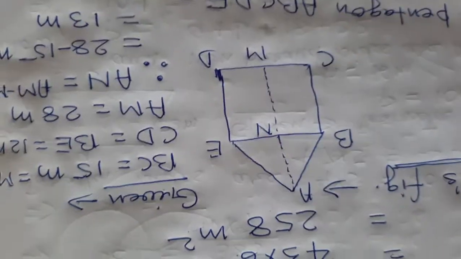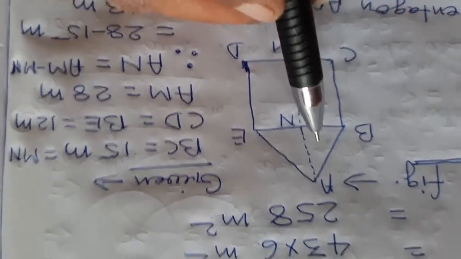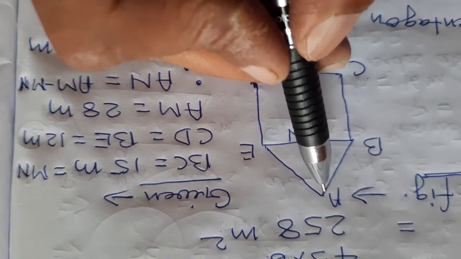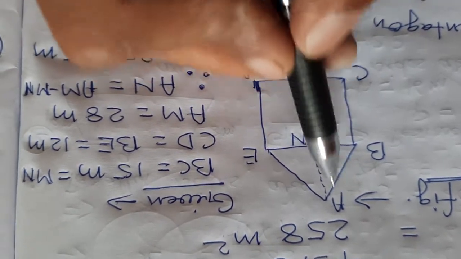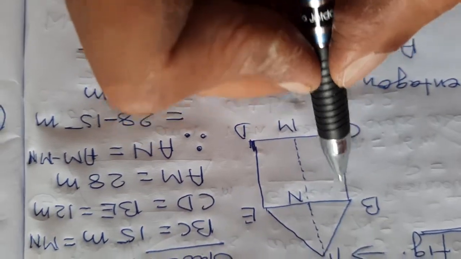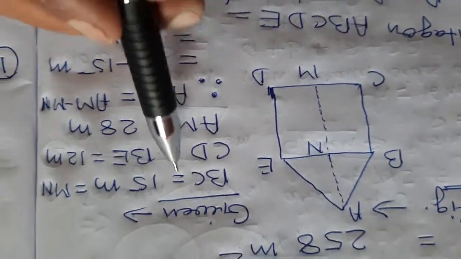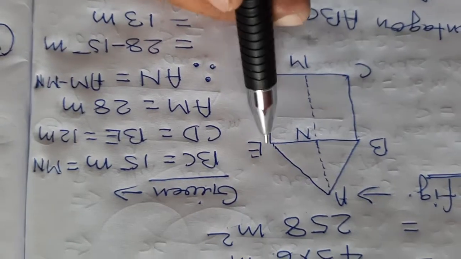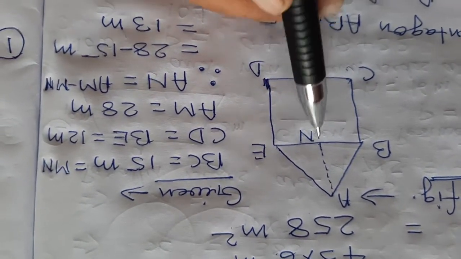Similarly, the area measured by Nidhi: she divides this figure into two figures, the first a triangle ABE and the other a rectangle BCDE. Here given BC 15 meter, that is equal to MN.